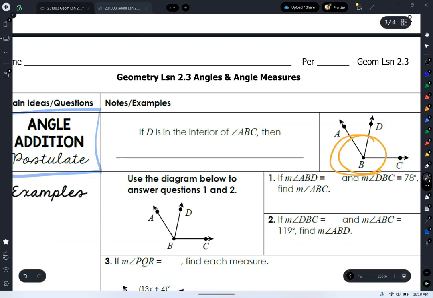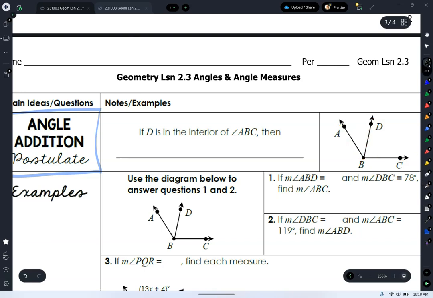We don't have any indication here that these angles are congruent. We haven't been told that. And there's nothing in the wording that tells us they're congruent. But we do have this point D that we've drawn ray BD through, which has now split up angle ABC into two parts. See that? We originally started with angle ABC, and now it's been split up into two parts.